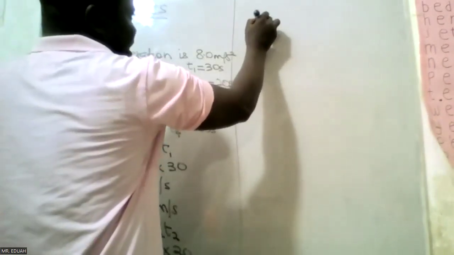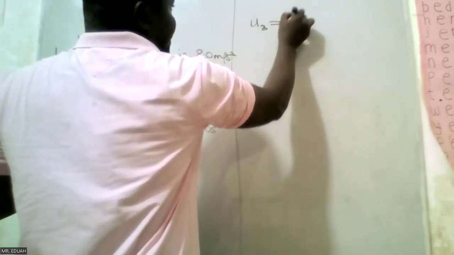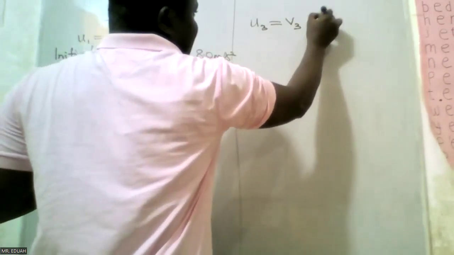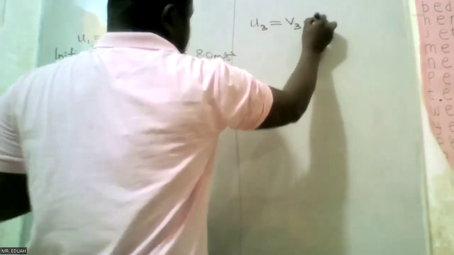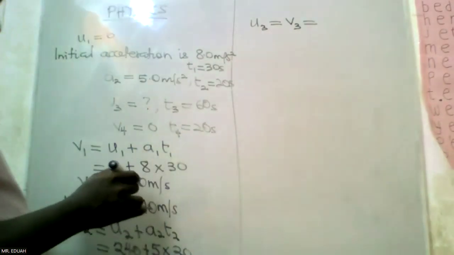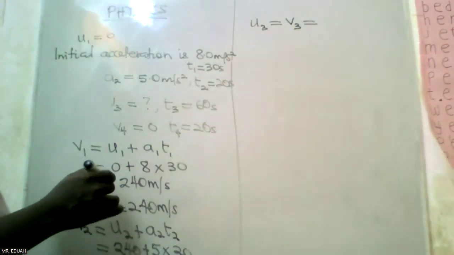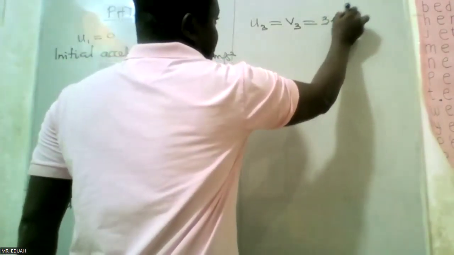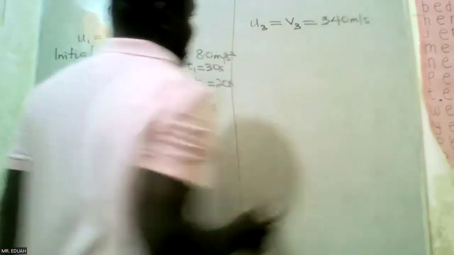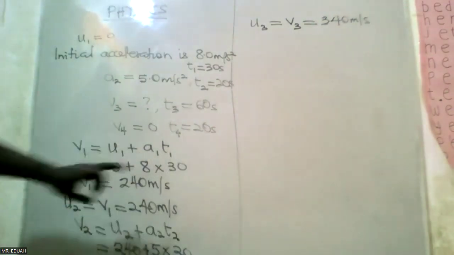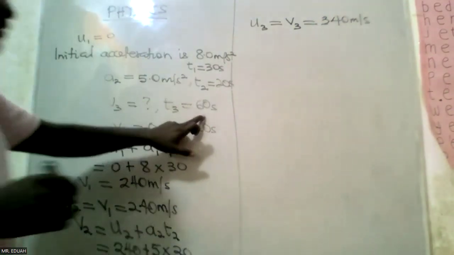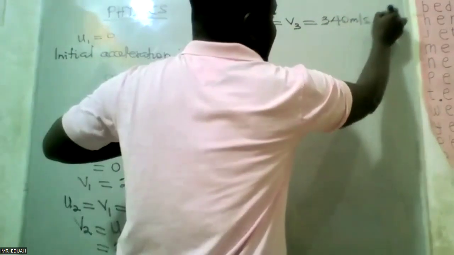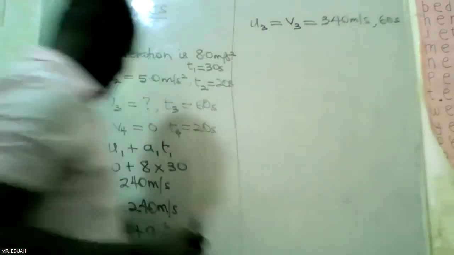So it simply implies that U3 is equal to V3, equal to 340 meters per second, and this happened within a time interval of 60 seconds.